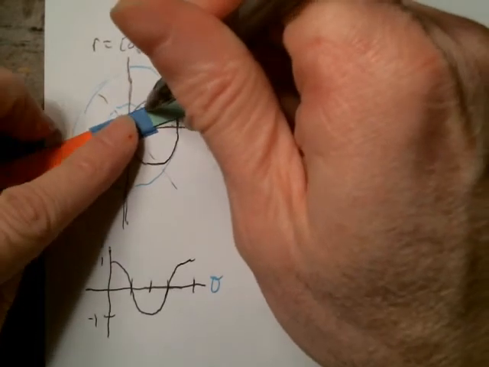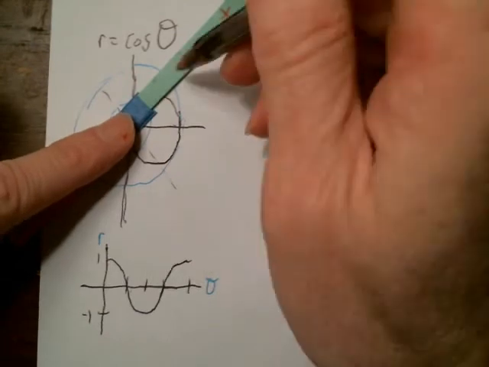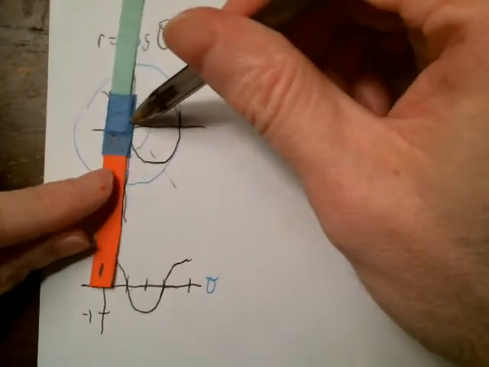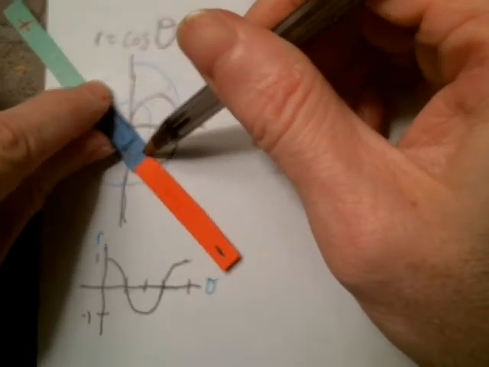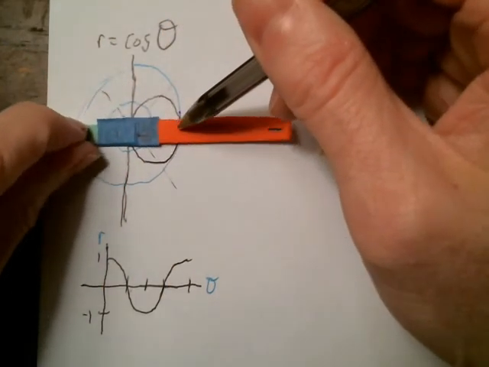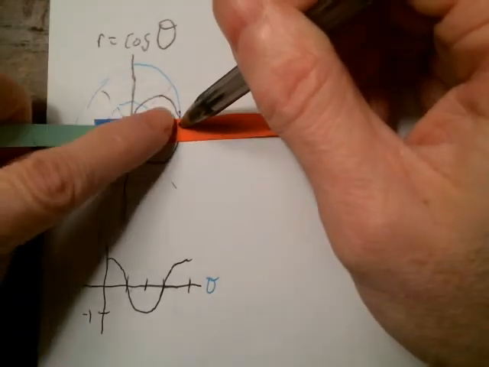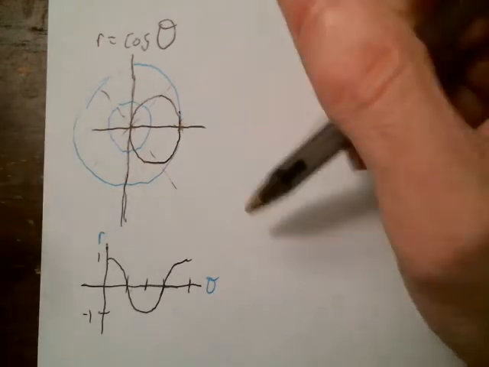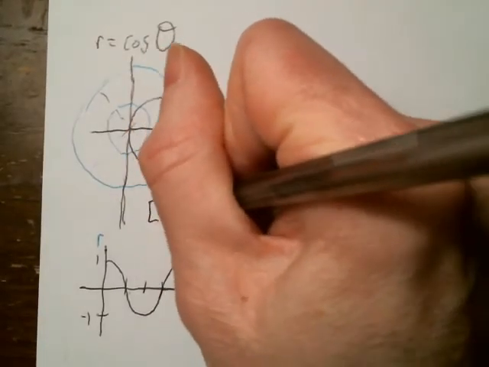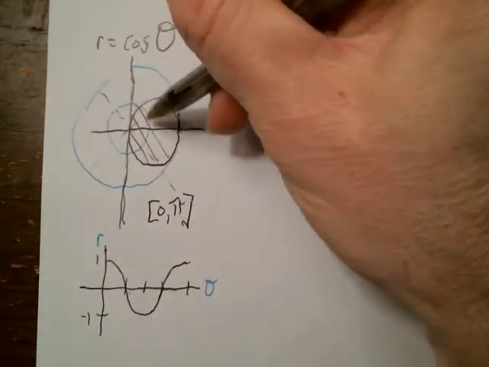And then theta rotates as r value goes from 1 to 0, and it traces out that part, the upper hemisphere. And then from pi over 2 to pi, it's decreasing to -1, and it'll complete the entire tracing of the circle from 0 to pi. Okay, so from 0 to pi, we get the entire circle traced out like that.